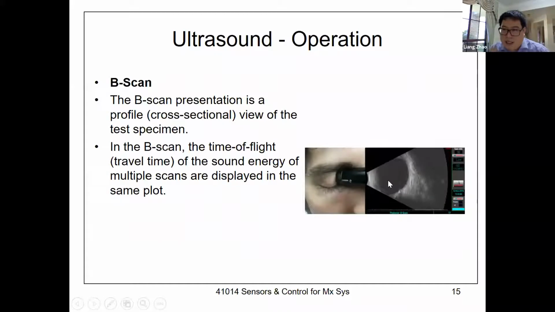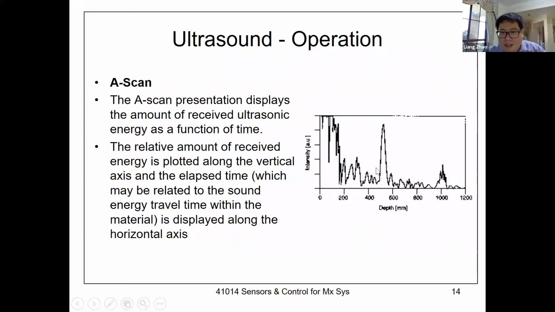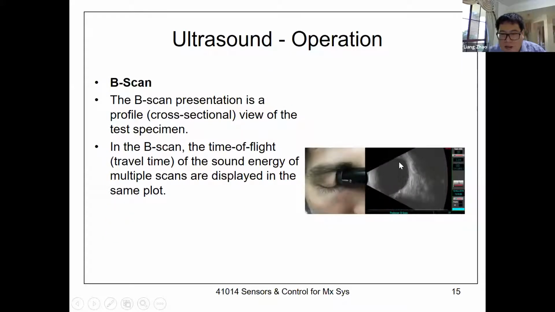And then later we have the B scan. The B scan is the 2D image. If you remember, the A scan is like one beam of the B scan. If we put all the A scans together, you will get the B scan, which is an ultrasound image.